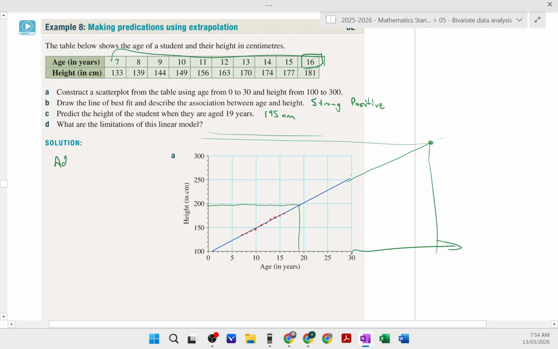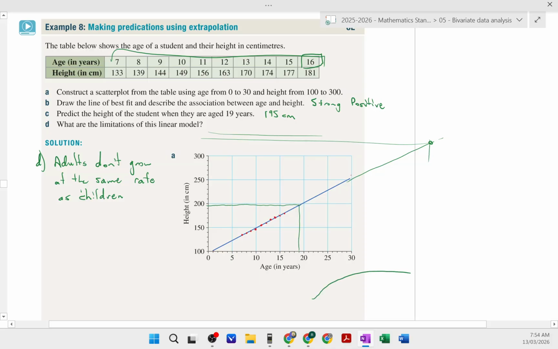And the main reason is that adults don't grow at the same rate as children, which means this linear relationship probably isn't as accurate as we would like, because your growth probably goes more like that, where it flattens out as you get older and you get to a point where you basically got no growth over time. But extrapolation can be useful, but you have to be aware that it does have some inherent limitations. So that's about it on that one.